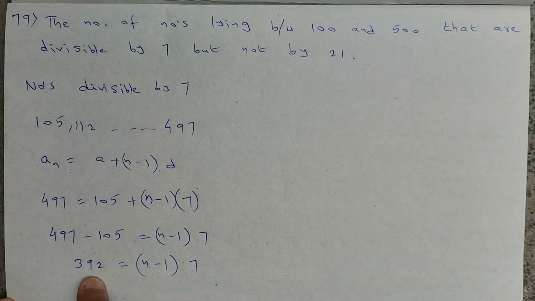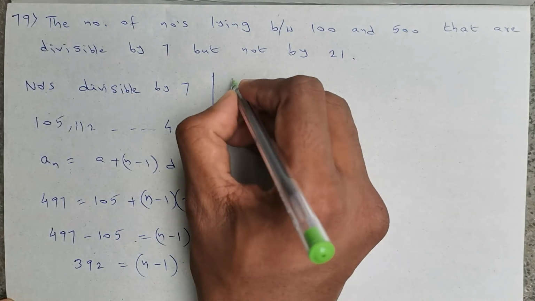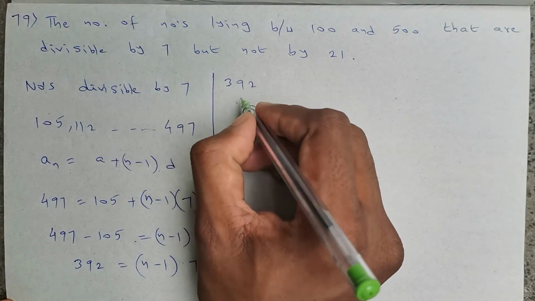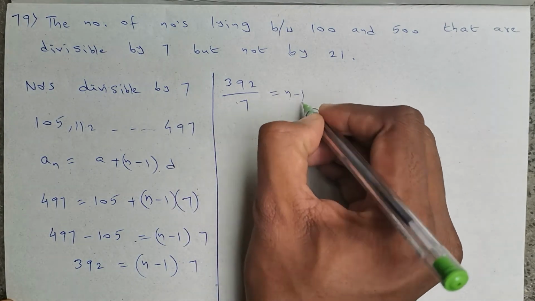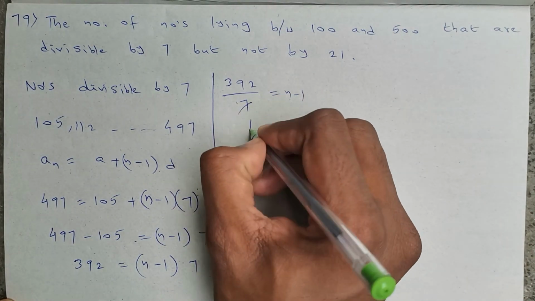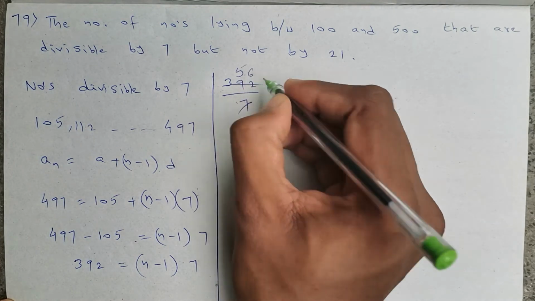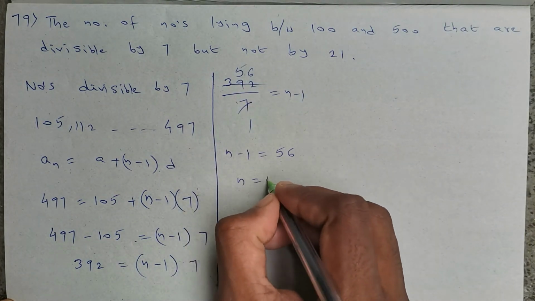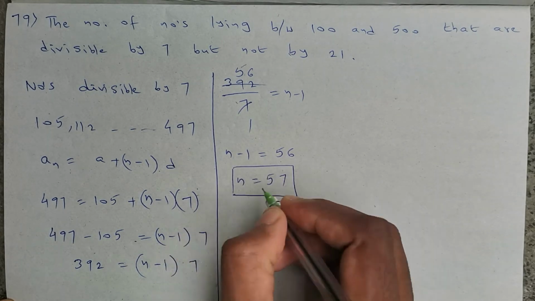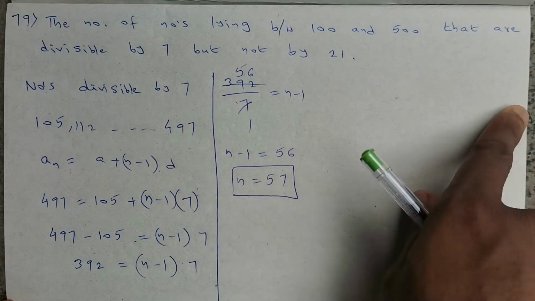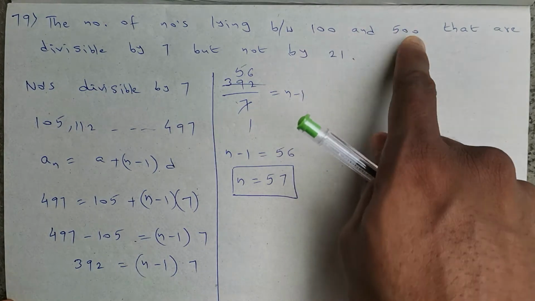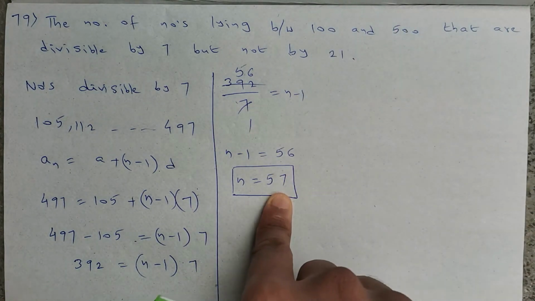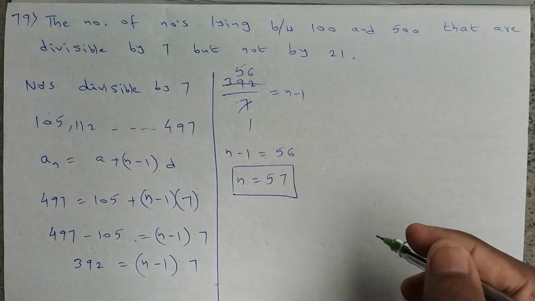Now I take this 7 to the left side, so it becomes division: 392 divided by 7 equals n minus 1. 7 fives are 35, 7 sixes are 42, so n minus 1 equals 56, then n equals 57. So between 100 and 500, 57 numbers are divisible by 7.